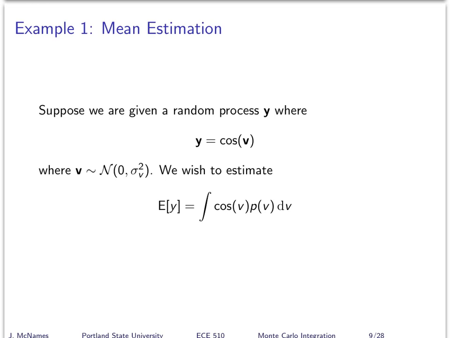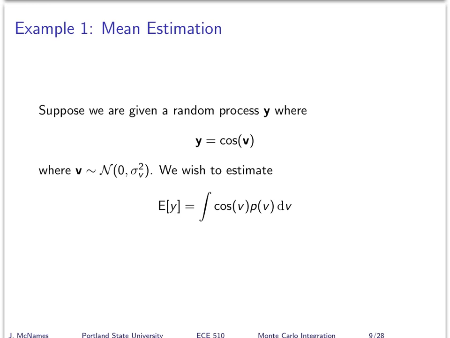Let me give you an example. Let's say we're given a random process where y is equal to the cosine of v. So this is a nonlinear function that relates the random variable y to cosine of v, and v has a normal distribution, 0 mean and some variance sigma squared v that is given, and we wish to estimate the expected value of y.